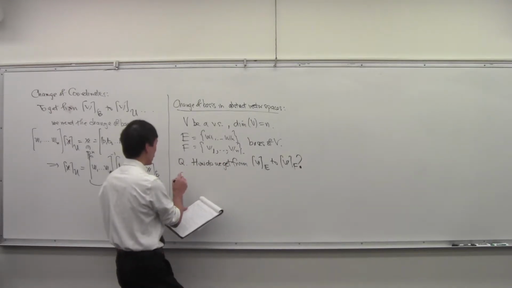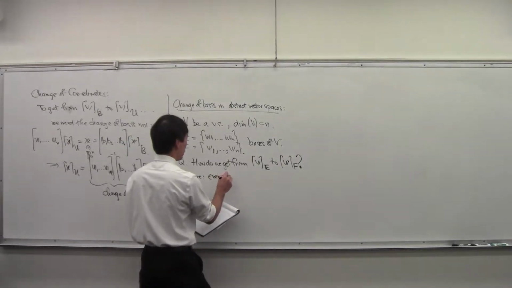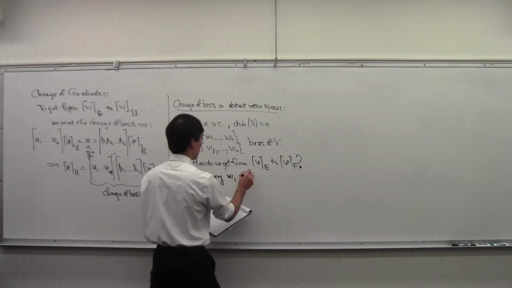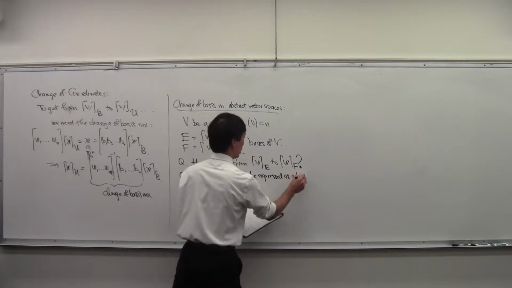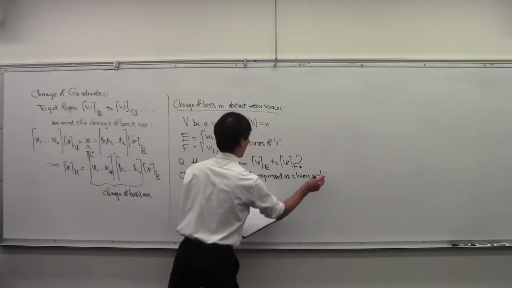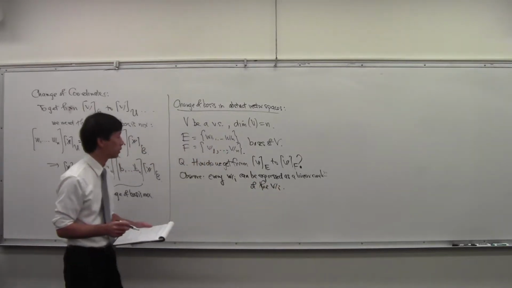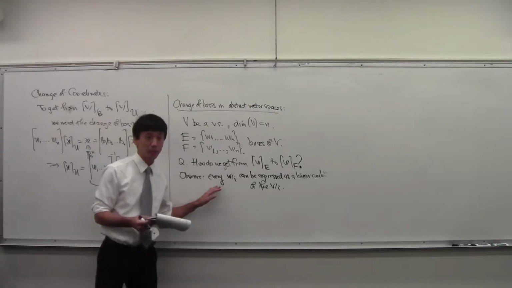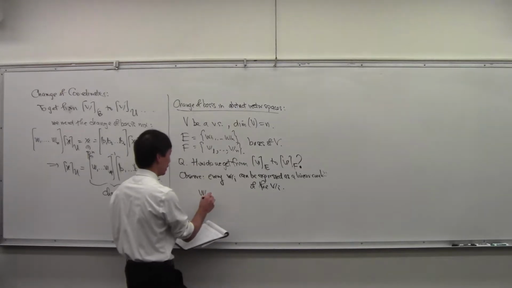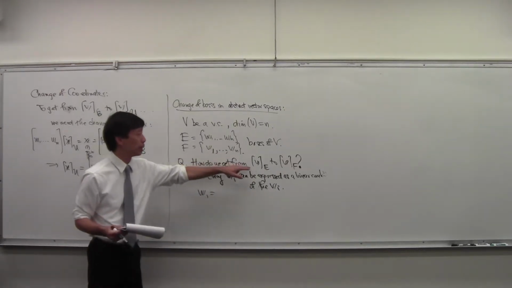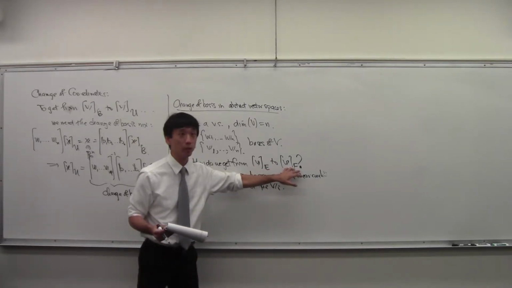We start off with the following observation: every wi can be expressed as a linear combination of the vi. That's actually going to be the first thing we need to do. We'll take every element of the basis we're starting off with, whose coordinate vector we're starting with, and express them in terms of the target basis.